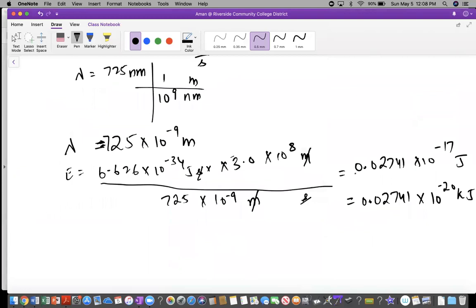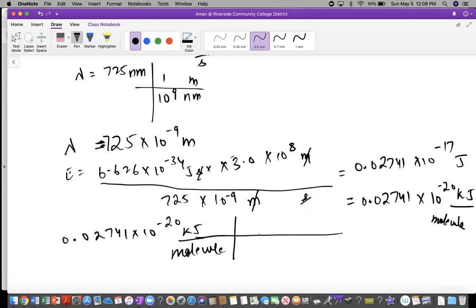You see that? What number? Oh, the final answer? Yeah, this number that we got, 0.02741 times 10 to the power negative 20 kilojoules. This is kilojoules per molecule. Okay. The question is looking per mole, right? So we got to change this kilojoules per molecule to kilojoules per mole.